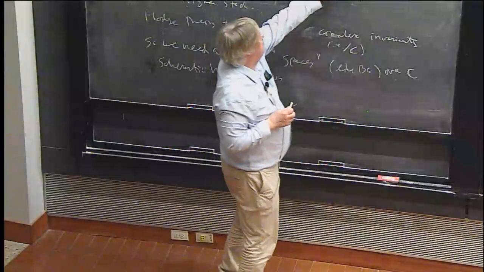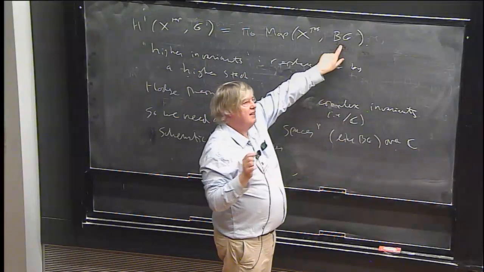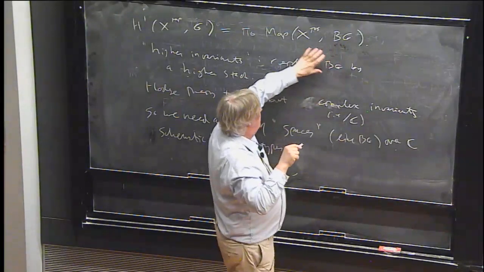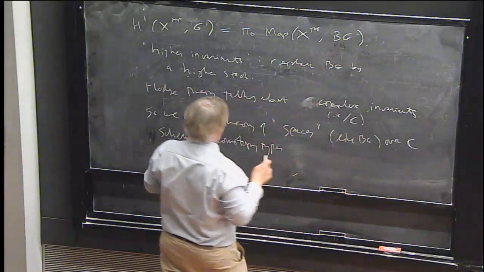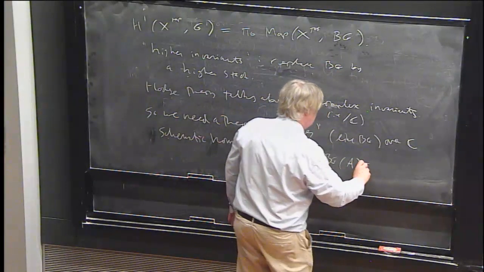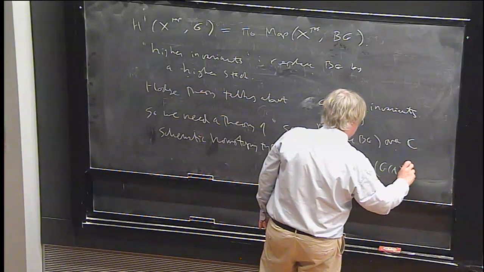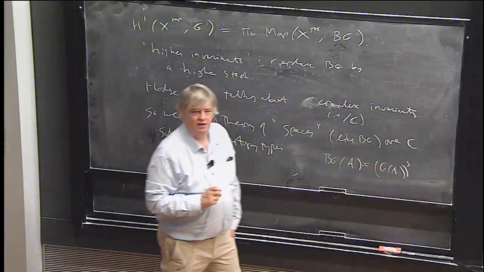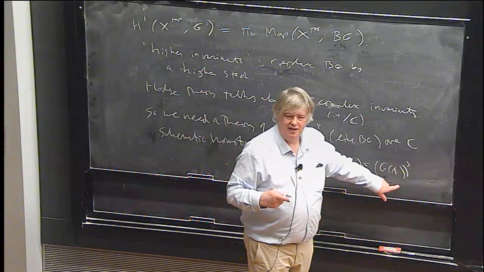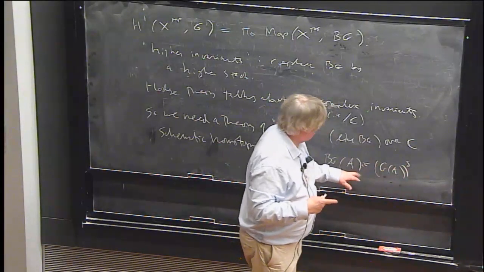What is this BG? It's not the topological BG. BG of a sheaf A is defined to be G of A discretized. So it's not really G discretized because it depends on A in this way. But as a space, it's discretized.